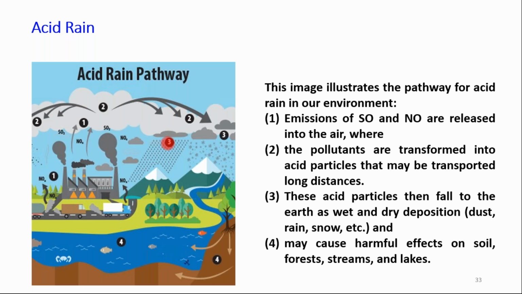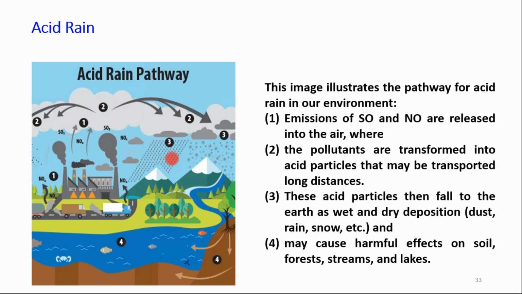So these acid particles are mixed with moisture, rain or snow, and then acid rain is going to form. That may cause harmful effects on soil, forests, streams and lakes, because these acidic particles are going to adversely affect forests, streams, lakes, soils, human beings, animals and materials also.